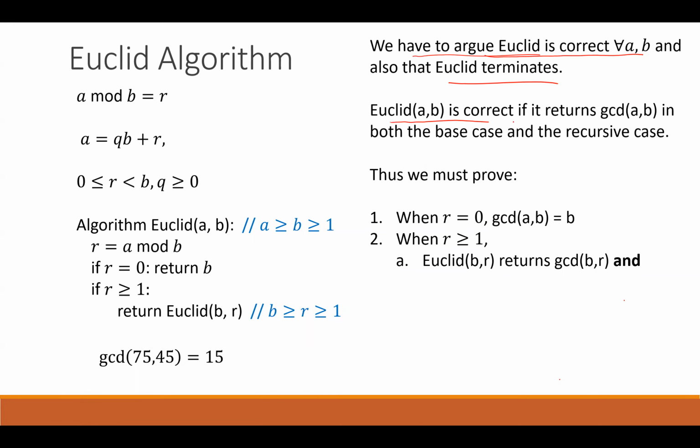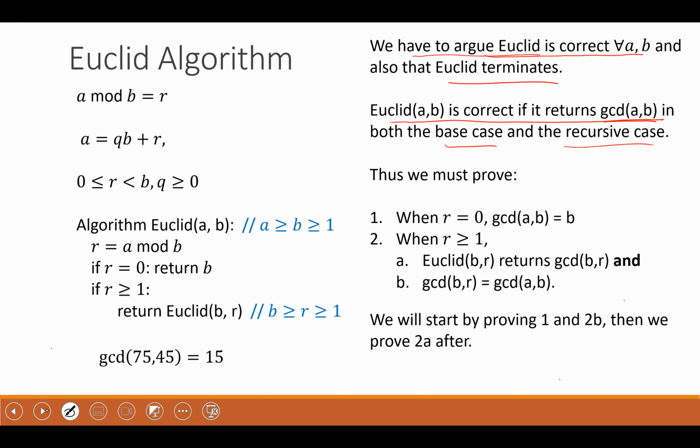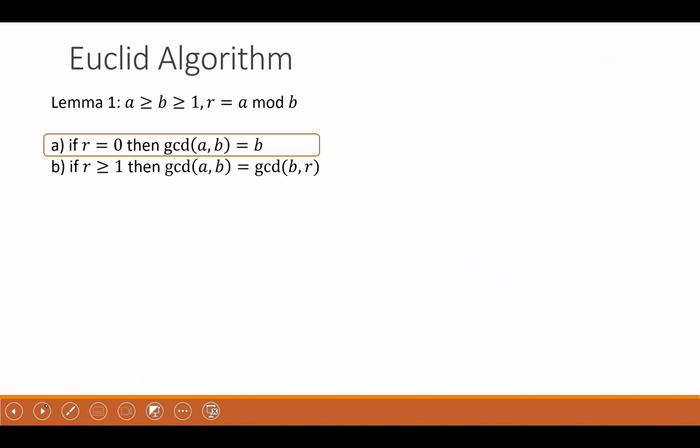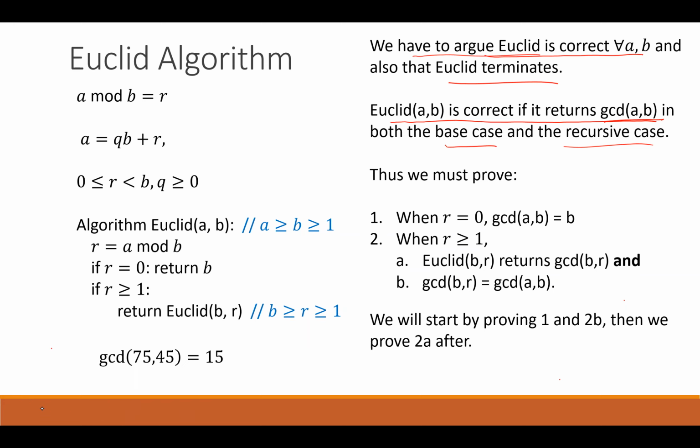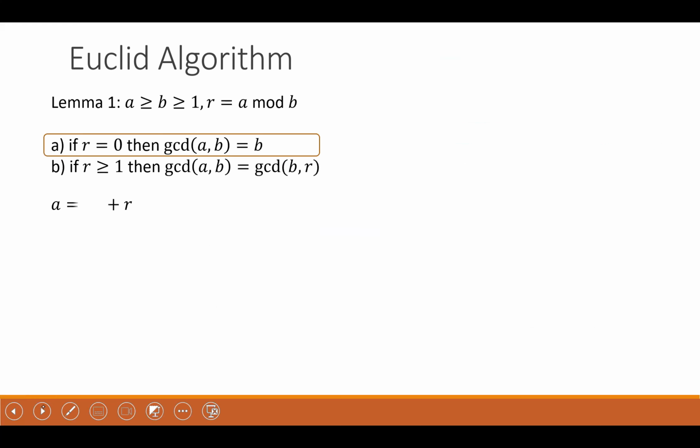And then I want to prove that it's correct by proving that it returns the greatest common divisor of A and B in both the base case and the recursive case. So I think I mixed these up a little bit. Okay, I think my slides are slightly out of order. Let me just see what I do prove here.